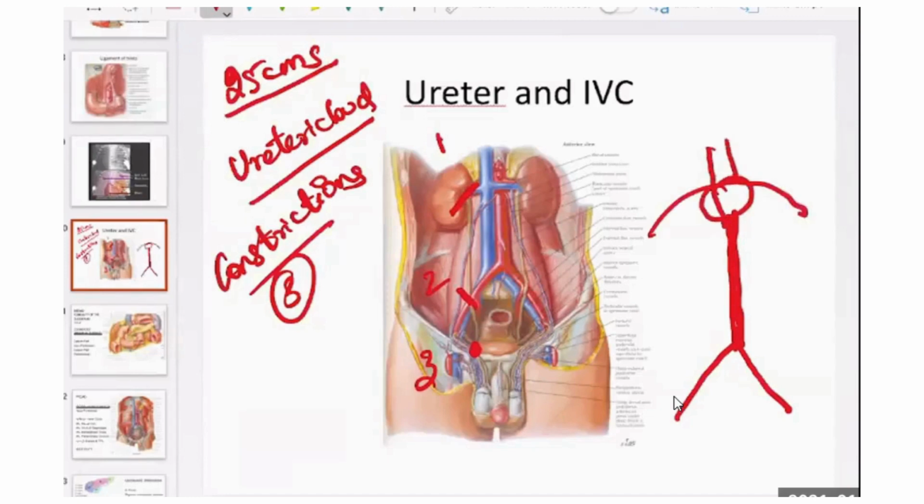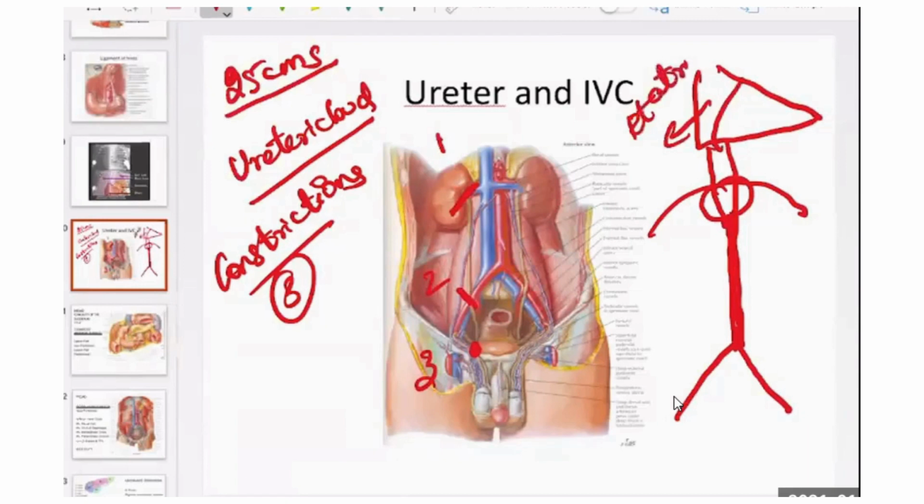Then it enters the thoracic cavity where it opens into the chamber of the heart. So common iliac veins on right side and left side unite to form IVC, which lies right to abdominal aorta, and pierces the diaphragm through the vena caval opening, which is present at the level of T10.